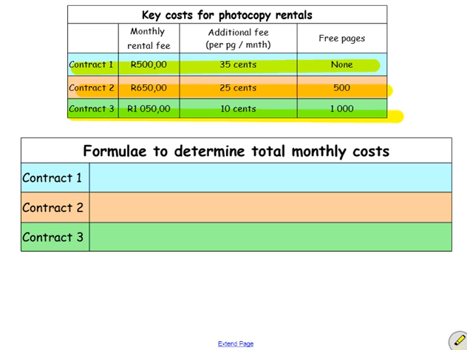So what we have to do in order to do a break-even analysis, we've got to write the formulae to determine the total monthly cost. The monthly rental fee is going to be what cost? Is your monthly rental going to change every month? No. So that is going to be the fixed cost.